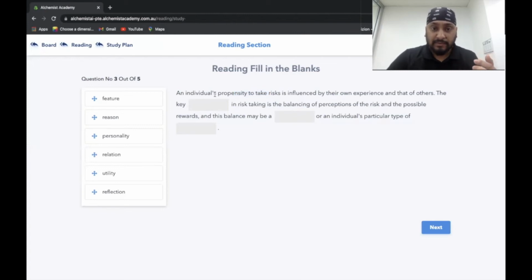Okay. An individual's propensity to take risk is influenced by their own experience and that of others. The key dash in risk taking. So in this case, I told you this is a noun. And this should be, sorry, this is an adjective and this should be like a noun. So we need a noun here.